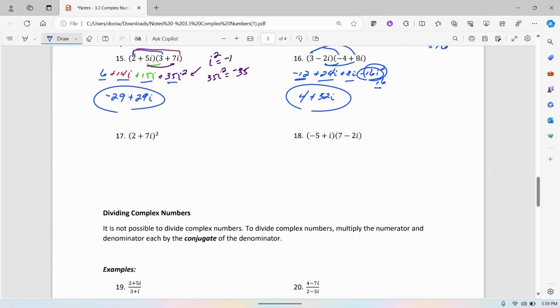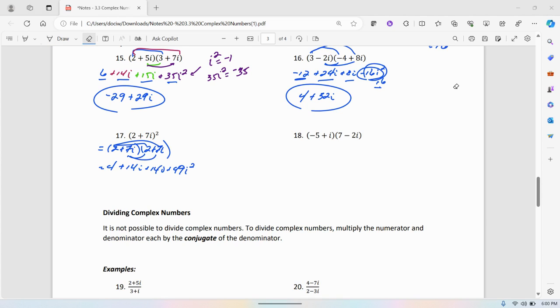So if I look at number 17, I have 2 plus 7i squared. Don't forget that that's 2 plus 7i times 2 plus 7i. 2 times 2 is 4 plus 14i plus 14i plus 49i squared.